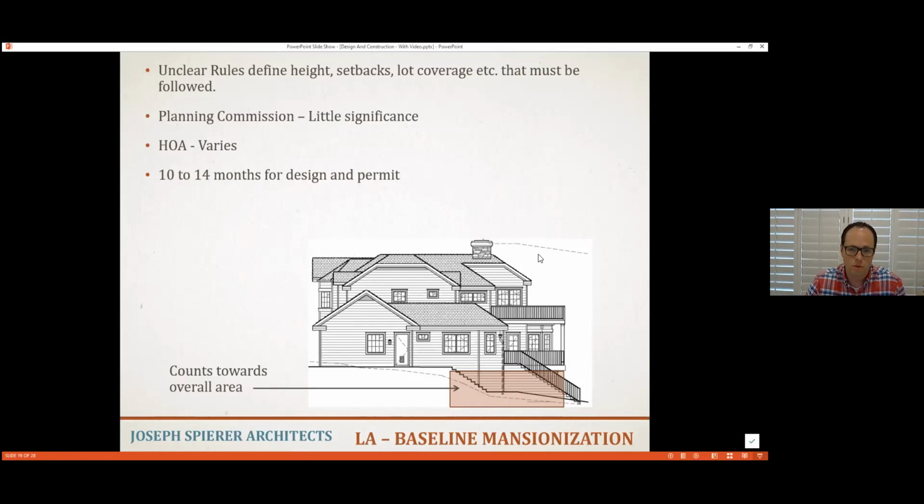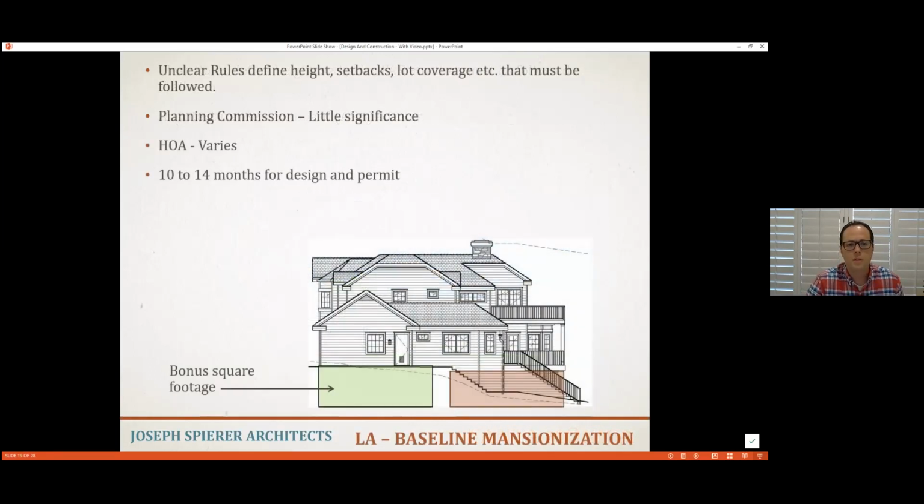So if you wanted to maximize, what you'd have to do is use bonus square footage, which is shown here in green, which does not count towards your overall square footage because it's completely buried and cannot be seen and doesn't add to the element of mansionization from a visual standpoint. And so they allow you to have more square footage underneath the home. Some people might not think about that while they're putting a design together.